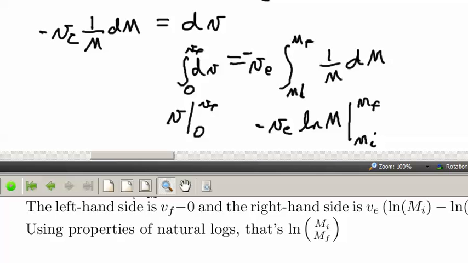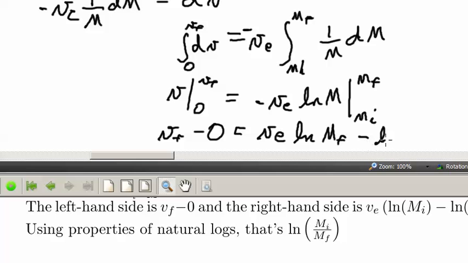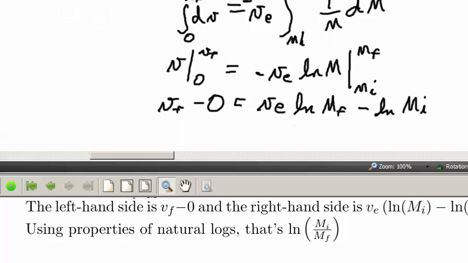So that will be v final minus 0 equals v sub e times the natural log of m final minus the natural log of m initial. And there is a negative sign in there. Should have put parentheses around there.